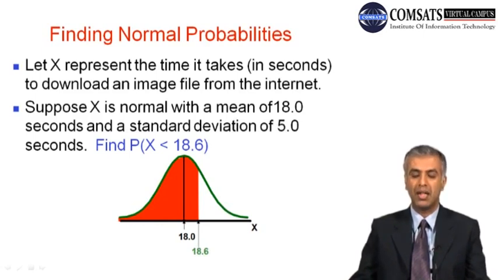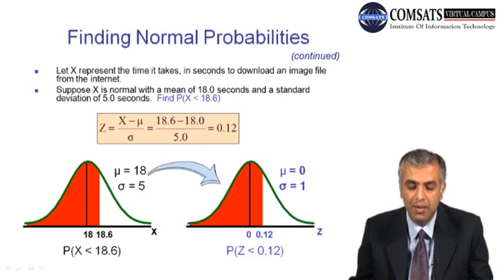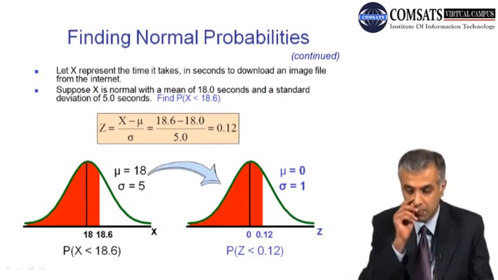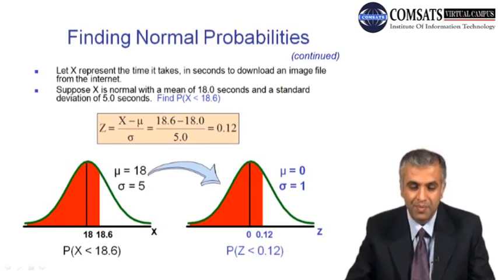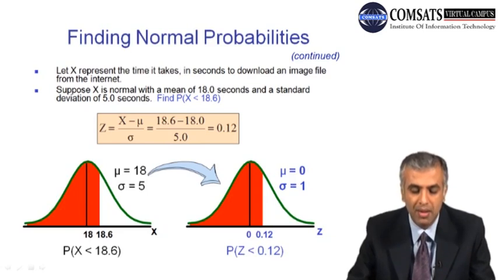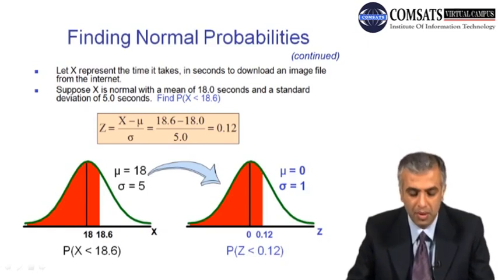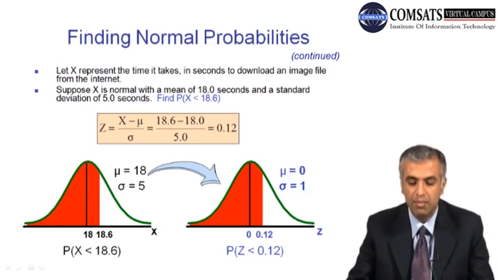And then, in order to find the probability, we first have to find the z value. To do that we apply the formula z is equal to x minus mu divided by sigma. Here x is 18.6, mu is 18, and sigma is 5, which is the standard deviation.